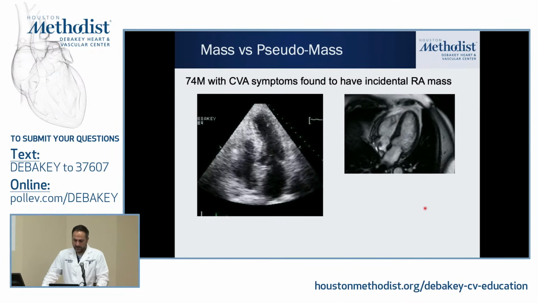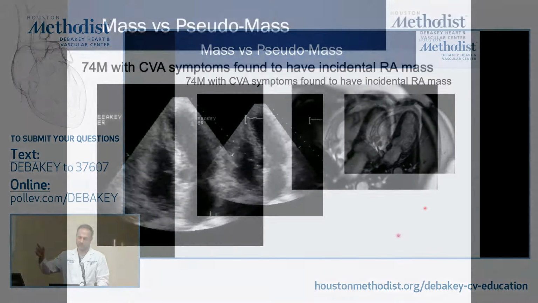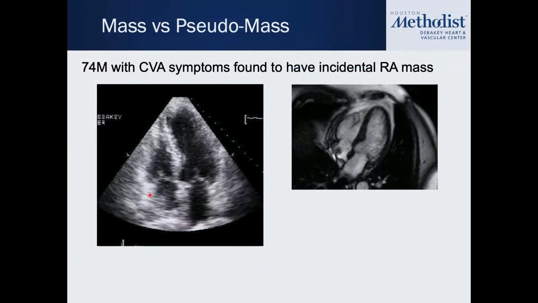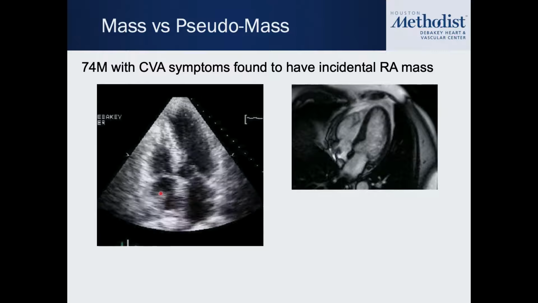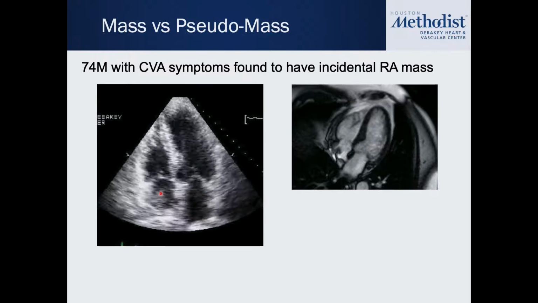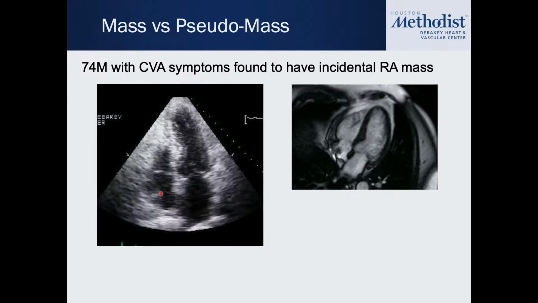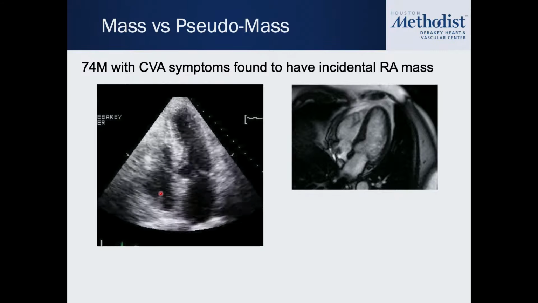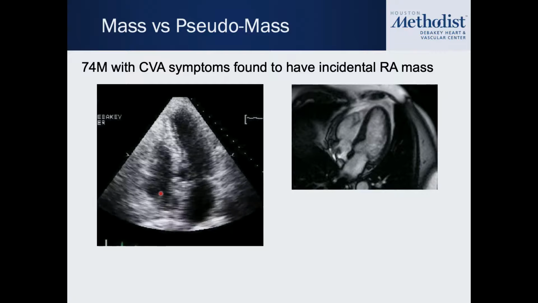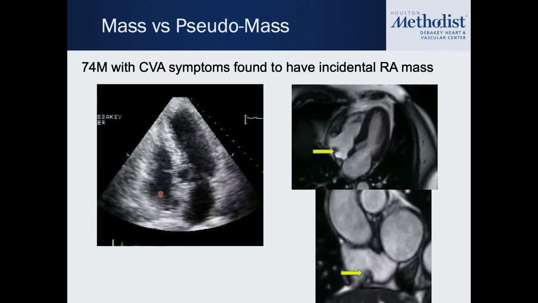Let's make this a little bit interactive. Mass versus pseudomass. So this is the echo. I'm sure you've seen this thing over here to different extents of size when you're reading echoes. What do you think? Mass or pseudomass? Pseudomass. What is it most likely? Crista terminalis, right?